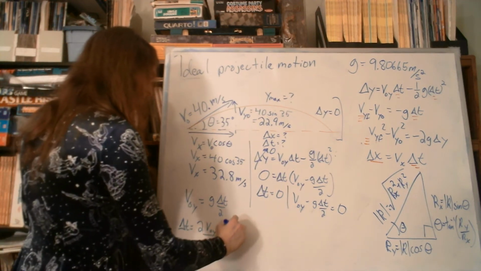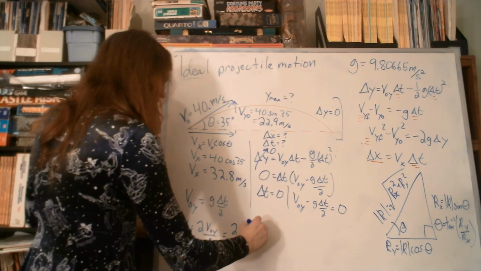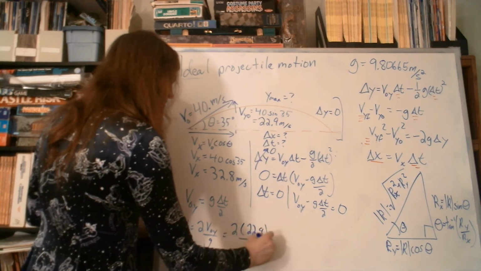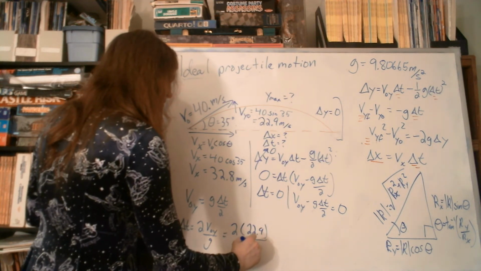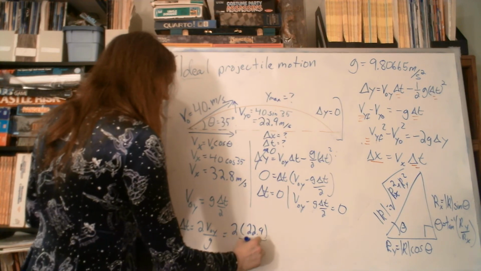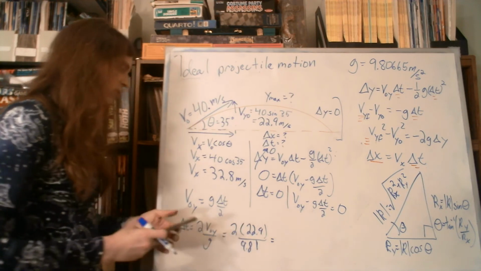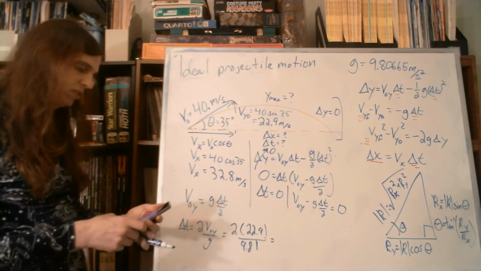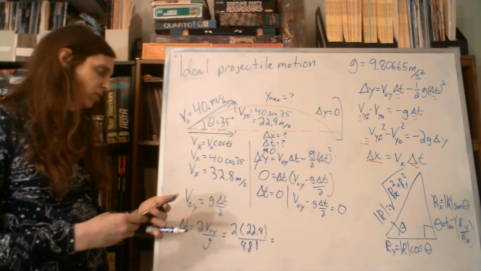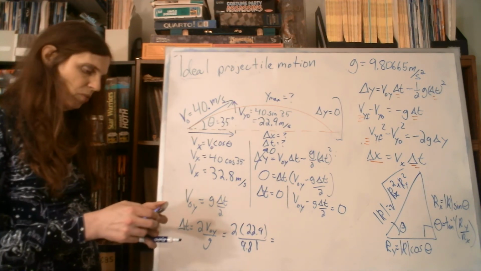So that's 2 times 22.9 over 9.81. And that is going to be about 4.5 seconds.